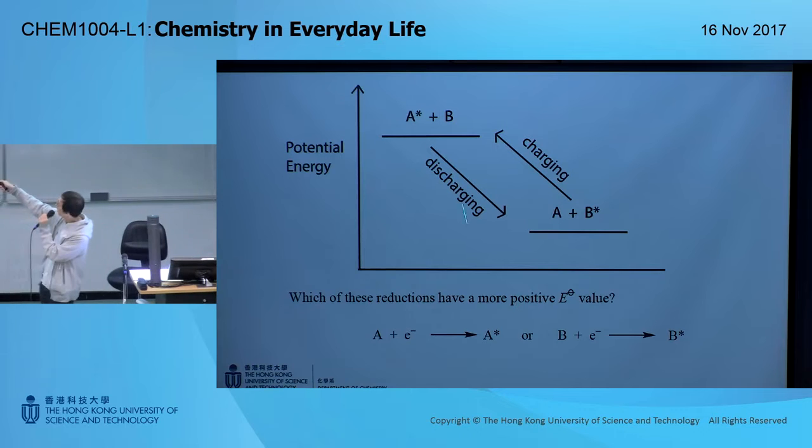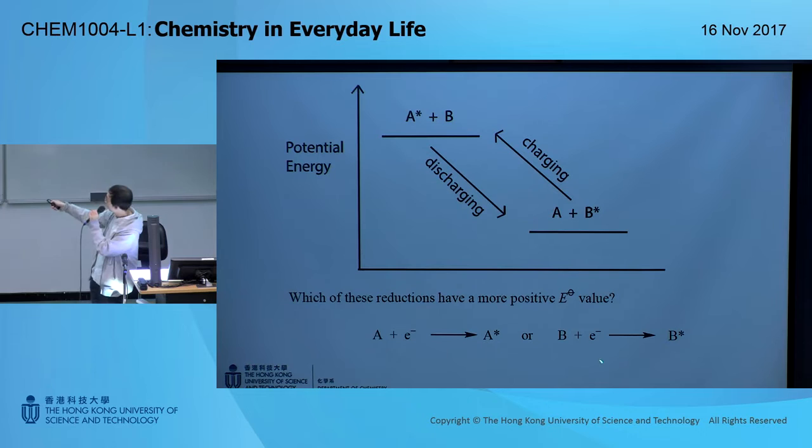So we can see that we are going from A star to A and B to B star. So it means that we have to go in the reverse direction for A star back to A, and B goes directly to B star. So the spontaneous going forward, meaning that B plus e minus would be more positive, and A to A star must be more negative.